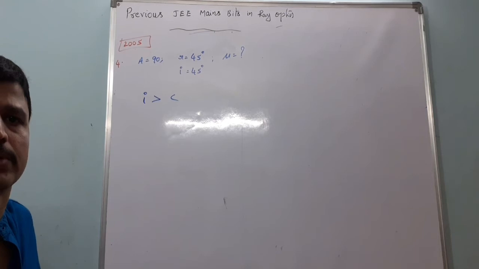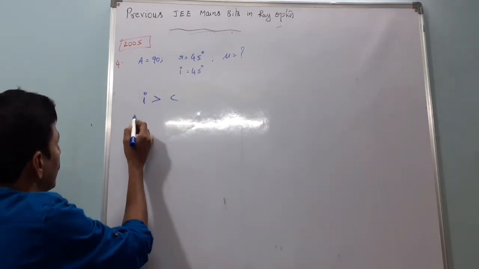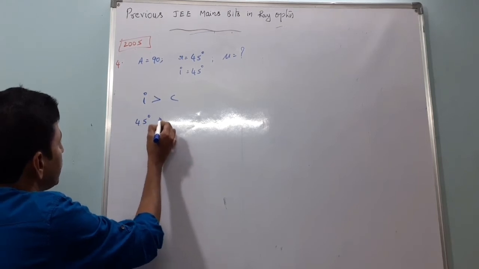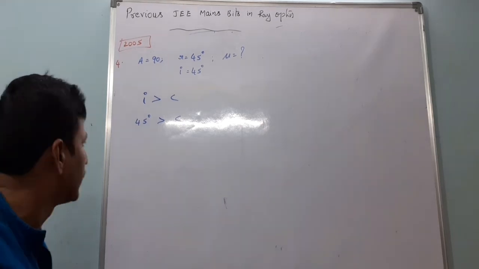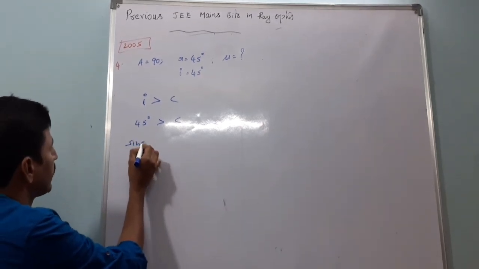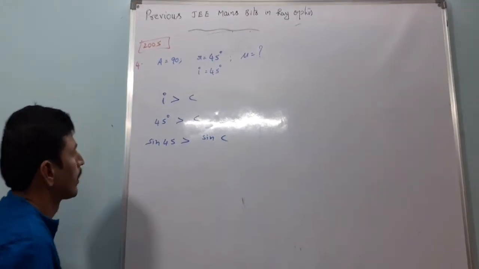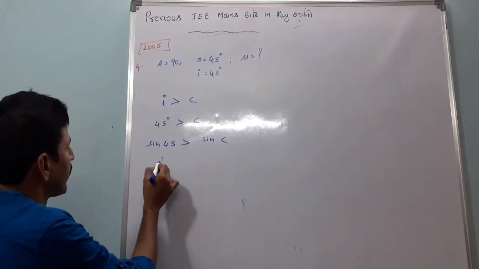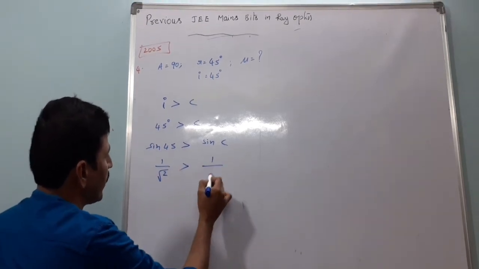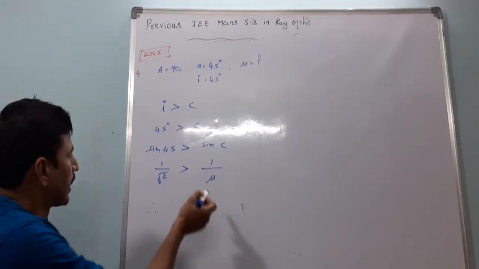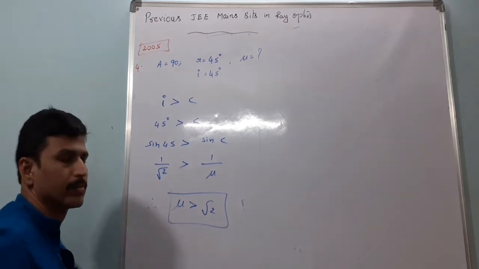So 45 degrees is greater than critical angle. Taking sine on both sides, sine 45 degrees is greater than sine C. Sine 45 means 1 by root 2. Sine C means 1 by mu. Therefore, cross multiplication, mu is greater than root 2. This is the answer. Write down.